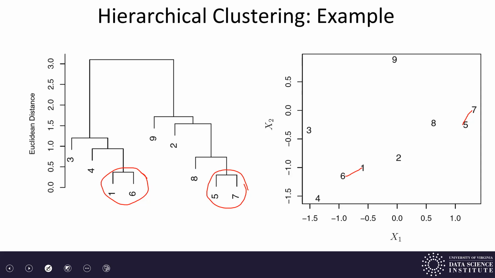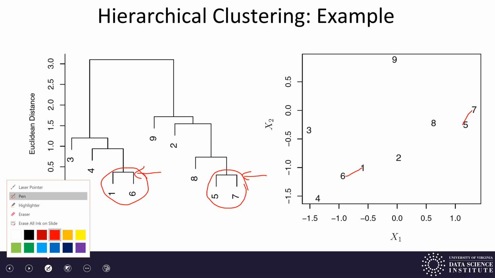The location where the 5 and the 7 are linked is lower than the location where the 6 and the 1 are linked, because that height on the dendrogram indicates how close things had to be before they got linked together.